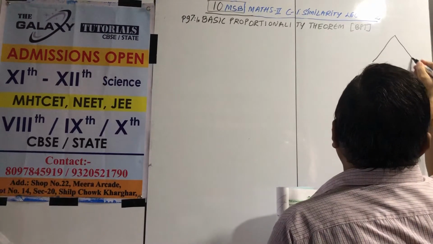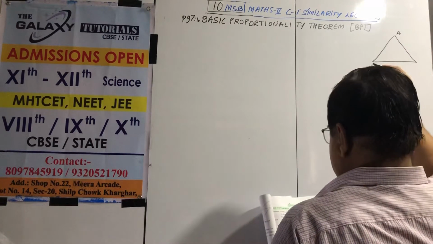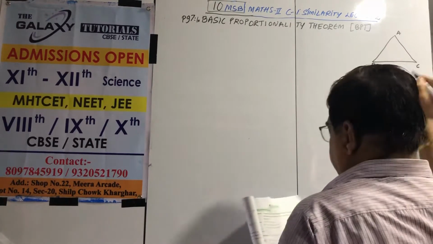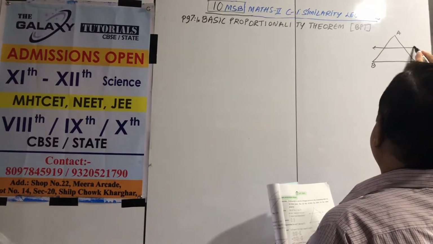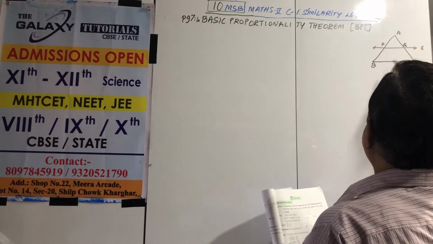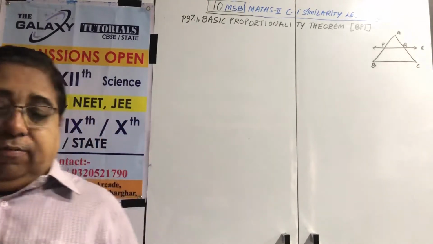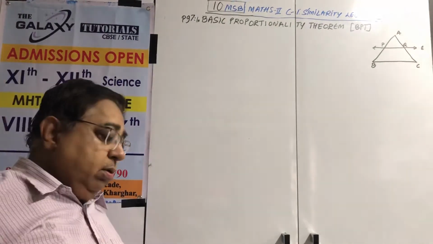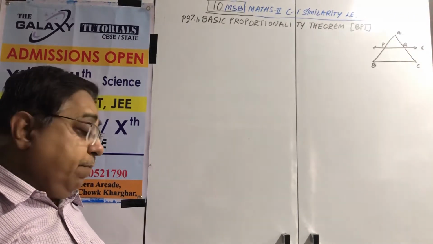I have a triangle, and my triangle is ABC. If I have a line L, cutting it in P and Q, these are parallel. So line L, PQ, is parallel to base BC and cuts the triangle at P and Q.